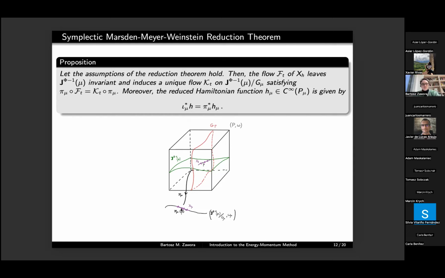So this is the motivation for considering the so-called relative equilibrium points, which I'll define in a moment. And the idea of the energy momentum method is to present some kind of algorithm for how to find these points and how to study the stability of such points.